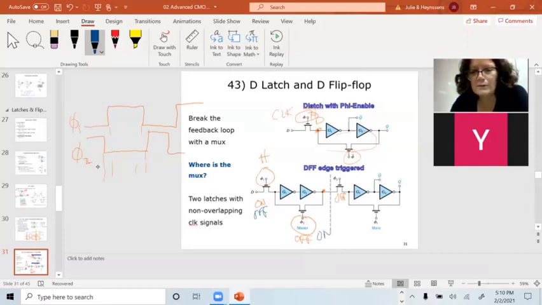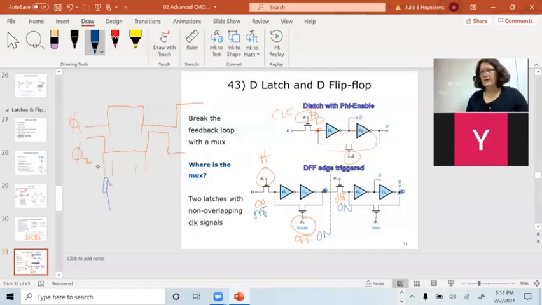When phi 2 goes on, this one rolls through here. So I get it stored on here in this short amount of time. I managed to store it. Then I turn phi 2 on, which also turns this transistor on. And when that transistor turns on, then I can pass it to the output.